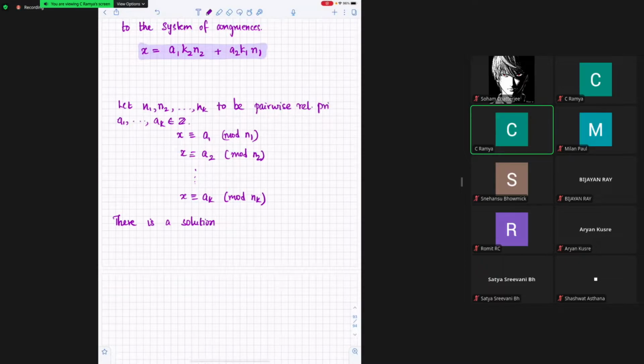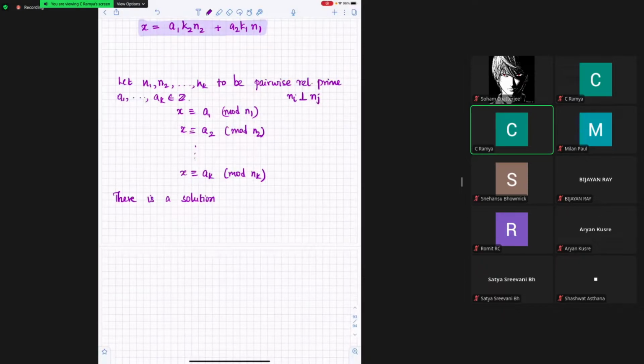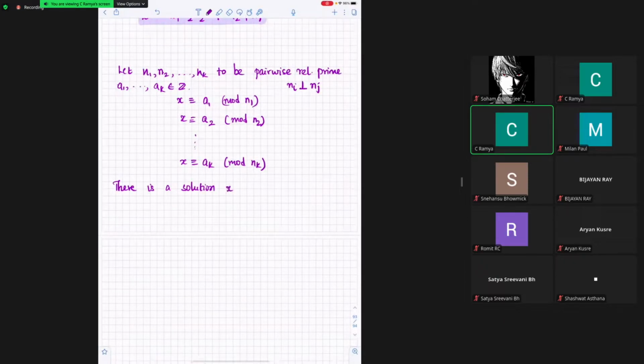What we mean by that is for any i and j, Ni is co-prime to Nj. That's right, thanks, because relatively prime is about two numbers. So there is a solution which is an integer such that the above congruences are satisfied.